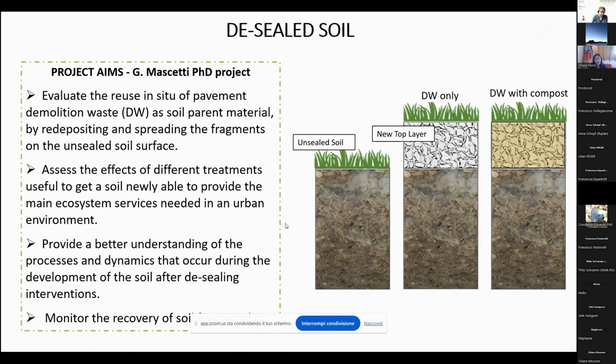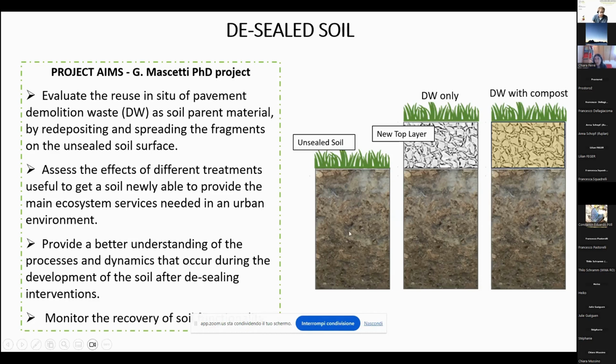And the aim of this project was, first of all, to evaluate the reuse in situ of demolition waste, cement demolition waste, as parent material, and assess the effect of different treatments, and of course to monitor the recovery of soil.